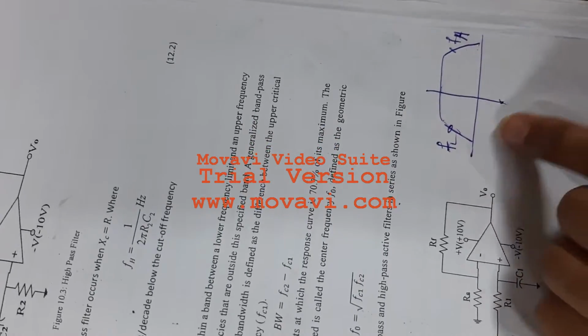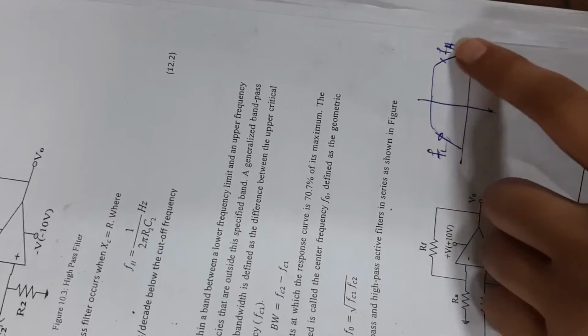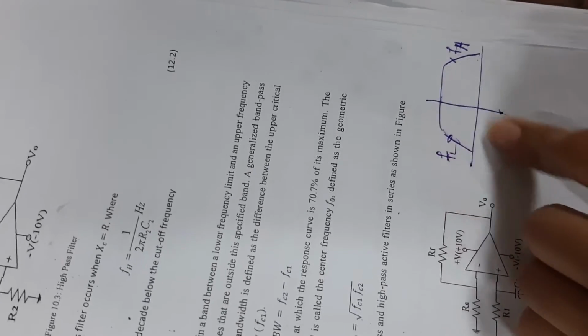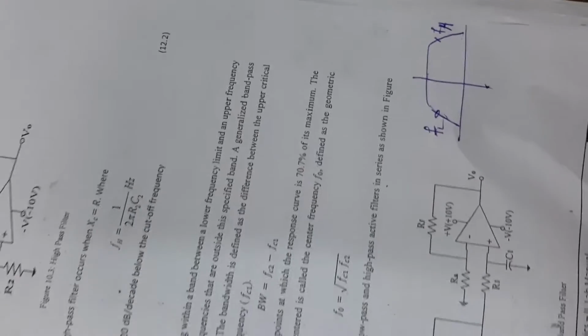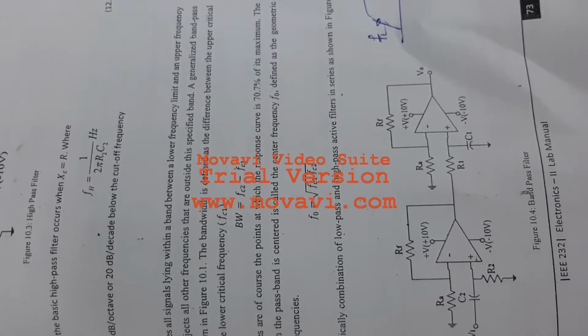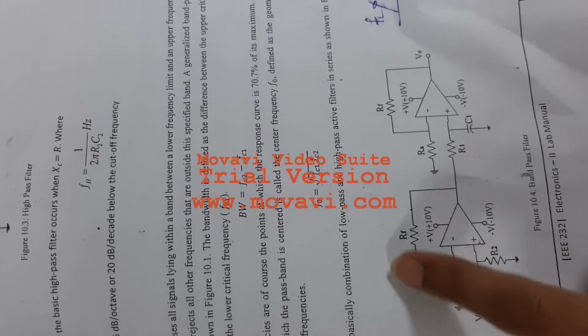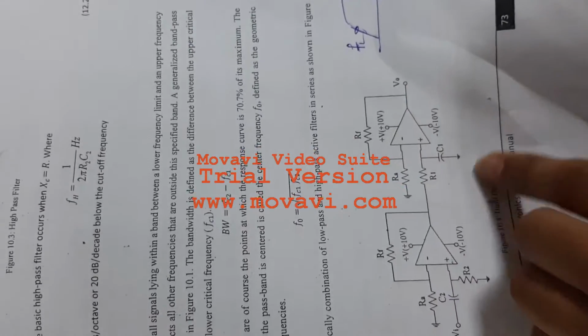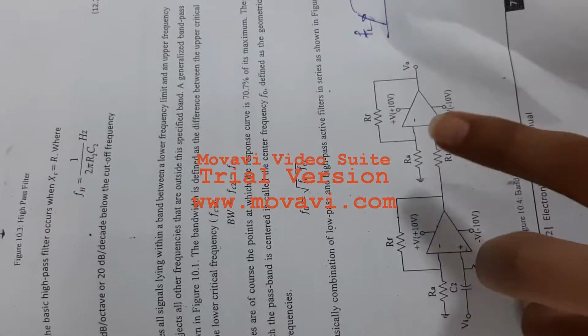So you can see that this response consists of two parts, a high pass filter and a low pass filter, and according to this diagram, it also has two filters that are cascaded. First is the high pass filter, then next is the low pass filter, and these responses combine together to form a band pass filter.